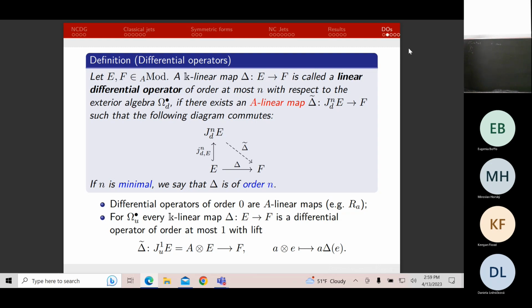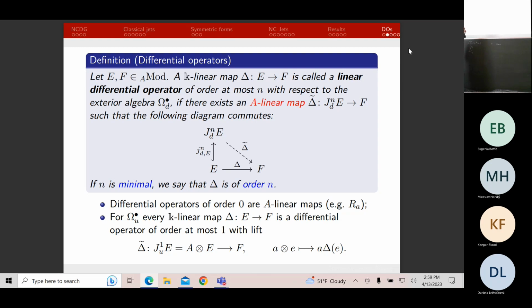And when n is minimal, we say that's the order of the operator. In particular, we can see how differential operators of order 0 are just A-linear maps. That's because the zeroth order prolongation is the identity, and so asking that it leads to an A-linear map means that it's an A-linear map itself.